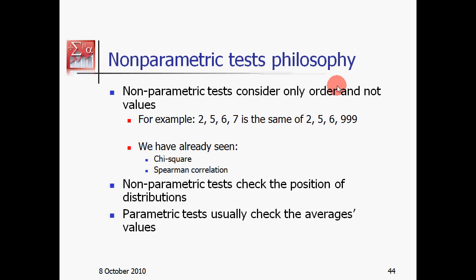For example, income. Well, if you have a person who is rich or a person who is very rich, usually it doesn't change so much. Okay. Or other situations which you may find in other problems. Another good feature of non-parametric tests is that they do not have such strong assumptions as parametric tests.